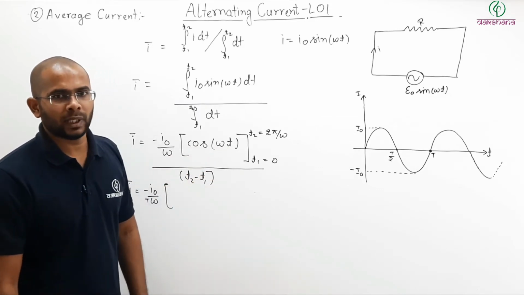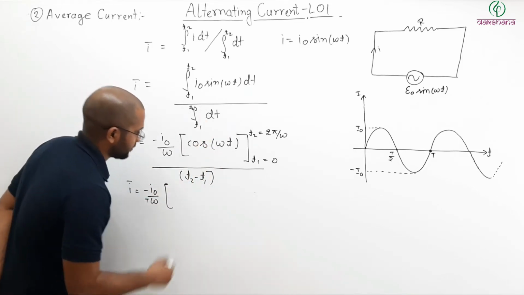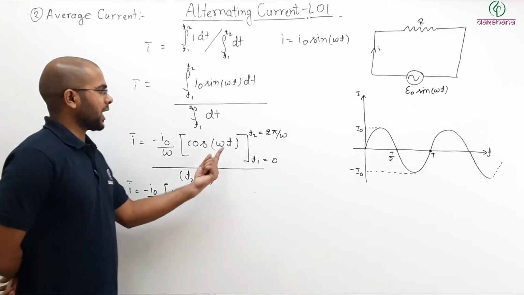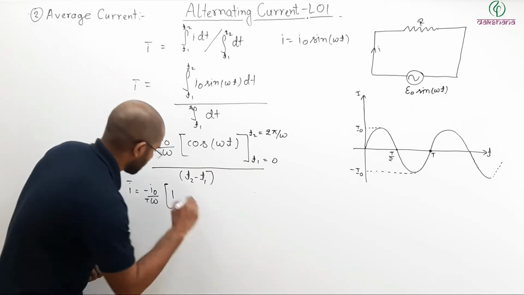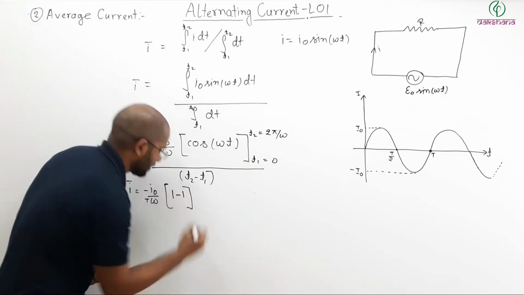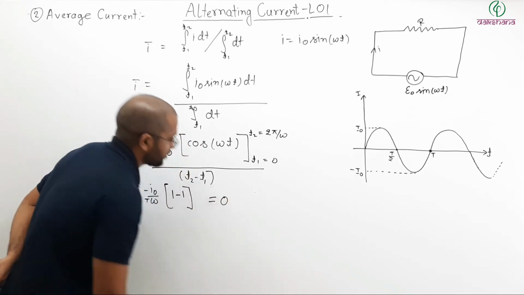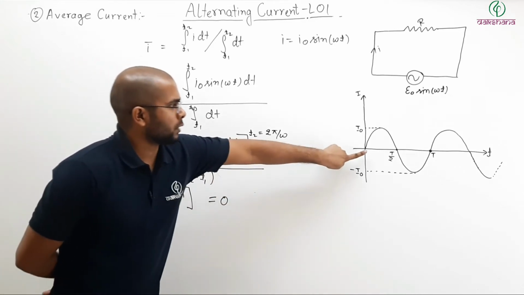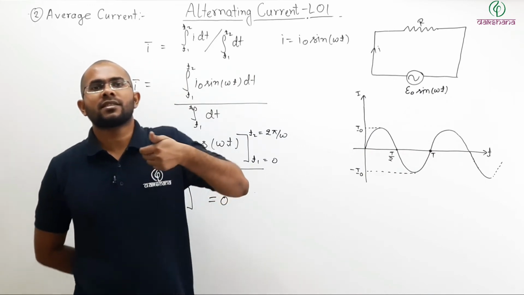And what is cos of 2 pi? Cos of 2 pi is 1. Now T1 is 0, omega times 0, what is cos of 0? Cos of 0 is also 1. So 1 minus 1 is 0. I average is 0. So for one time period completely, your average current is 0.